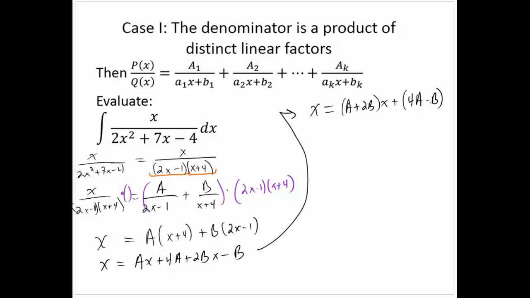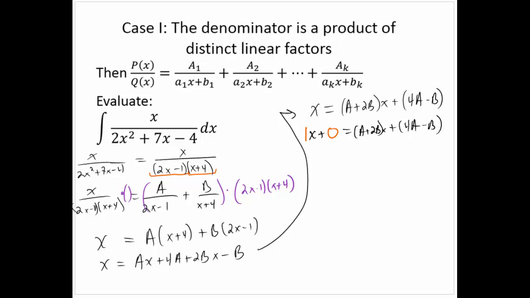Now that x, if I really wanted to, I could think of that x as a 1x plus 0, right? x is equal to 1x plus 0, and that's equal to a plus 2b x plus 4a minus b.